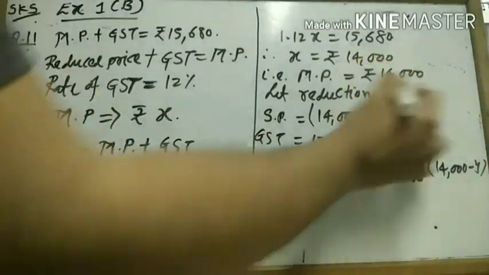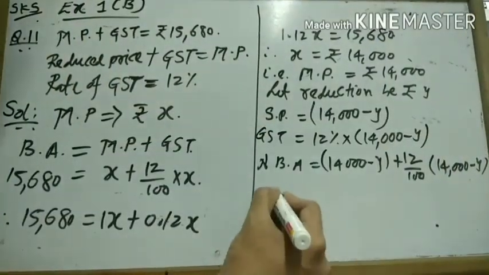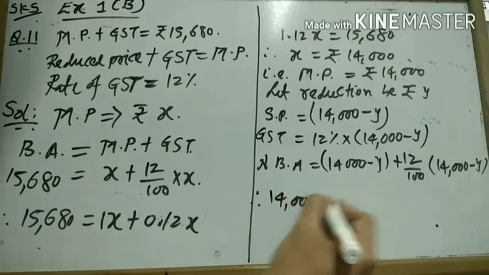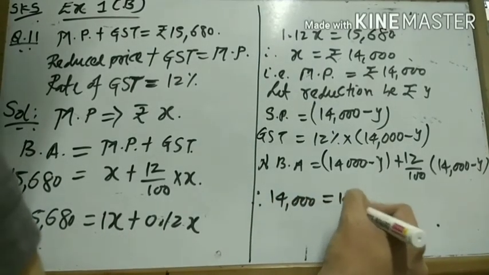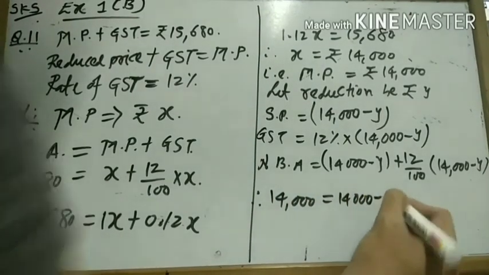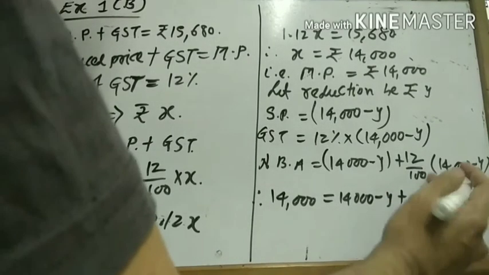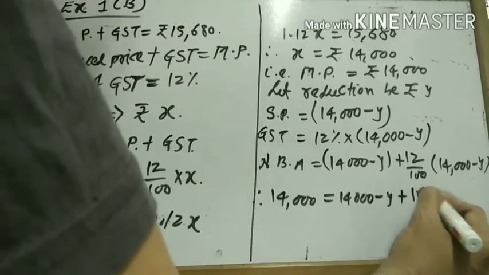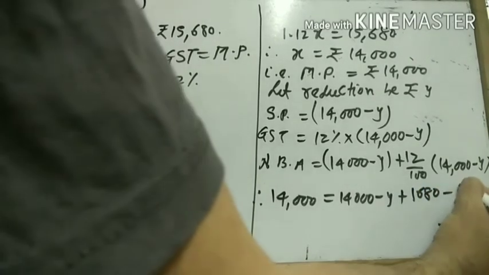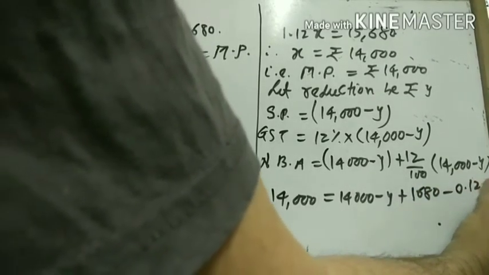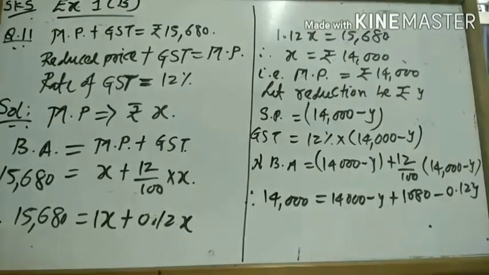New bill amount should be equal to the mark price. So mark price was 14,000. If you open up the bracket, 14,000 minus y plus, if you do the cancellation, 1680 minus 0.12y.